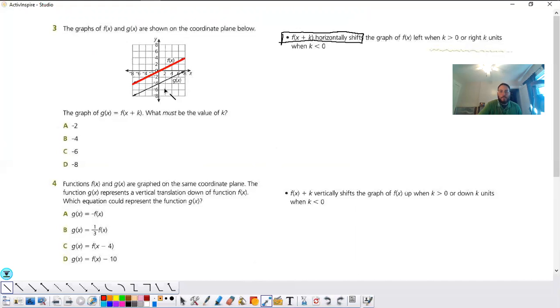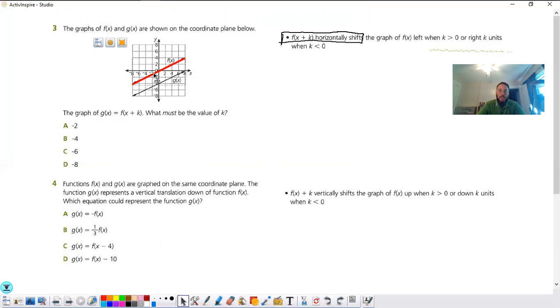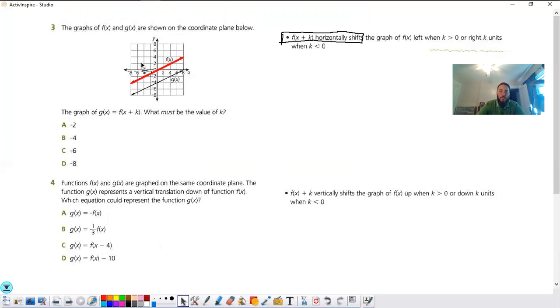Let's see what we got here. So if we took this line and then if we're going to shift this line here, let's see why it won't let us shift it here. All right. And we want to shift it.